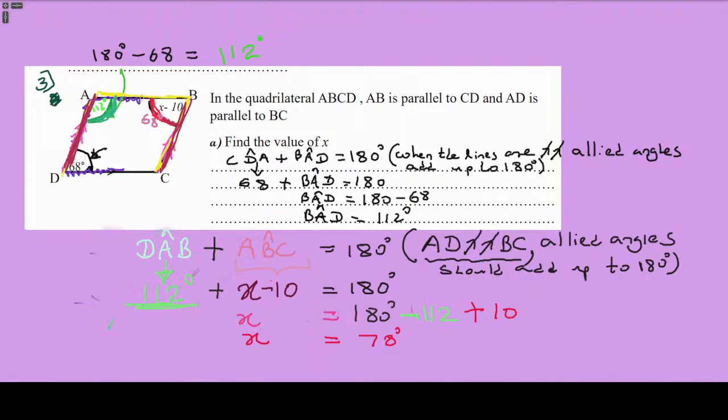So if by any chance a grade 10 student is watching this video, you don't have to use the parallel lines method that I have shown here. You can simply get X's value by using the rules of parallelograms. All right. But for grade 9 students, since we haven't learned parallelograms in grade 9, they have to do this longer method using the knowledge of parallel lines.